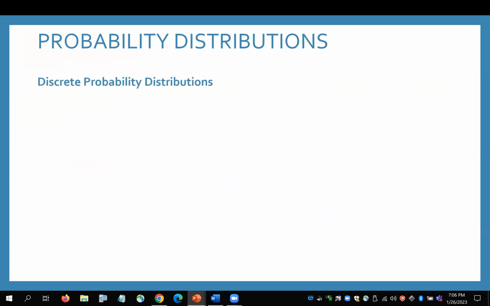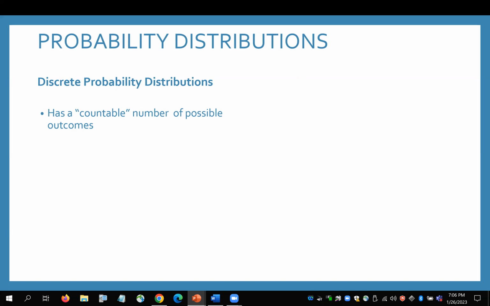So we're going to talk about two different types of probability distributions. The first type is called a discrete probability distribution. Couple of things about discrete probability distributions. If you think about discrete numbers, data that is quantitative discrete, we noted was countable.